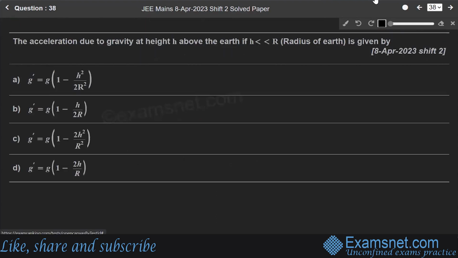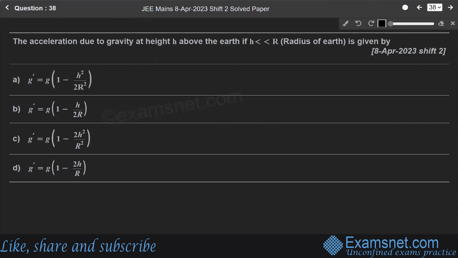Got it? Now, next question, question number 38. This question says: the acceleration due to gravity at a height h above the earth, if h is very less than r.